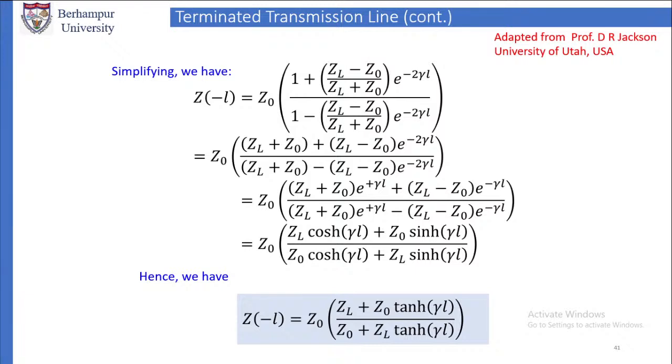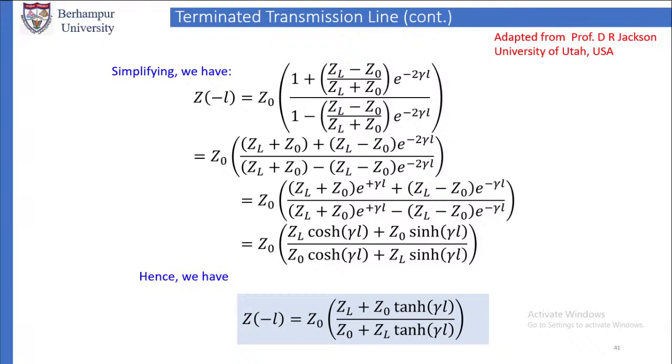If you take ZL common, that will be ZL into (exponential gamma L plus exponential minus gamma L), that is 2 times cosh gamma L. Similarly, the second term, when you take Z0 common, will give you 2 times sinh gamma L. In the denominator also, you will get 2 times cosh gamma L and 2 times sinh gamma L. The 2 in the numerator and the 2 in the denominator will cancel out, leaving Z0 into (ZL cosh gamma L plus Z0 sinh gamma L) divided by (Z0 cosh gamma L plus ZL sinh gamma L).